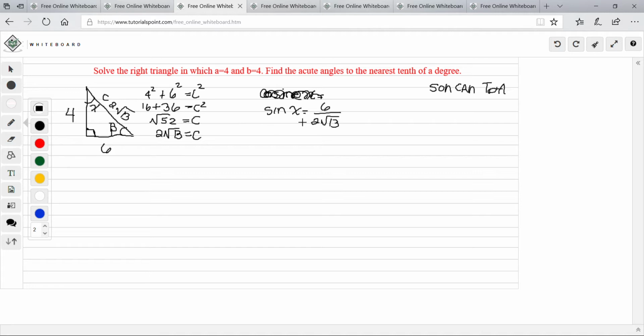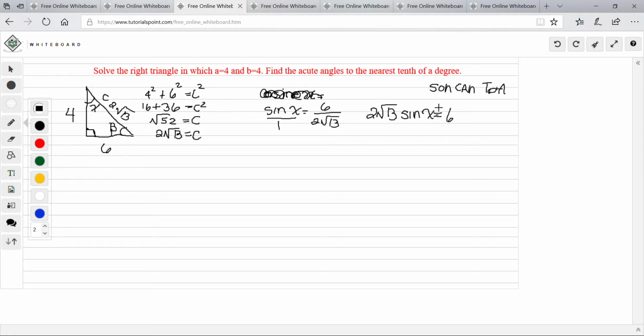Then we simply put a 1 under as the denominator of sine alpha, and then we cross multiply. So you have 2 root 13 times sine of alpha equals 6.